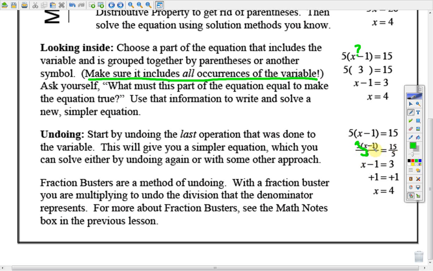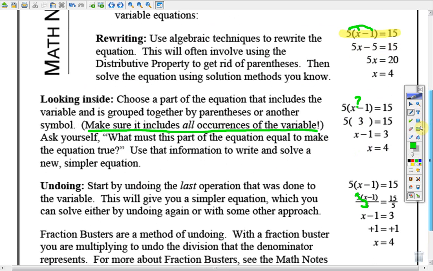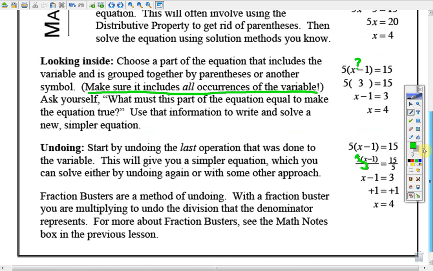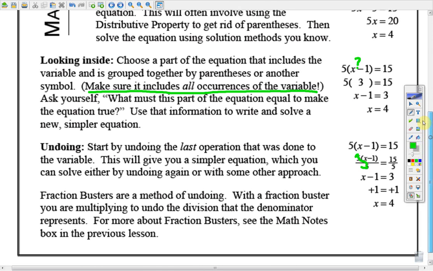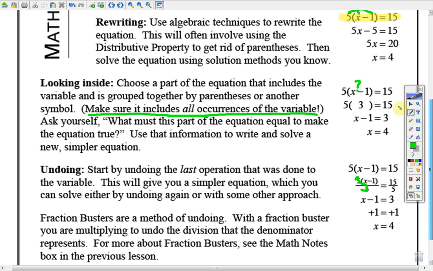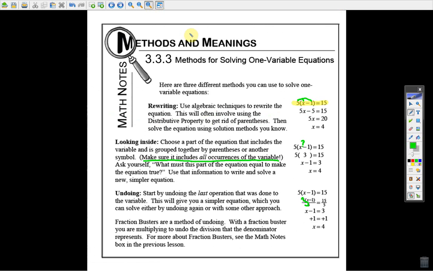Okay, so then we have x minus 1 on the left, 15 divided by 5 on the right. So we have x minus 1 equals 3. Add 1 to each side, we get x equals 4. So all three of these produced x equals 4, which is what we were looking for, and what we're trying to get to.